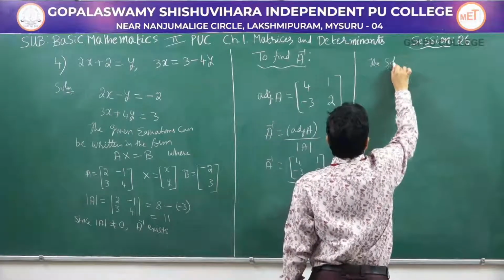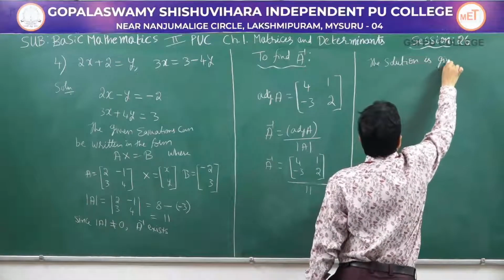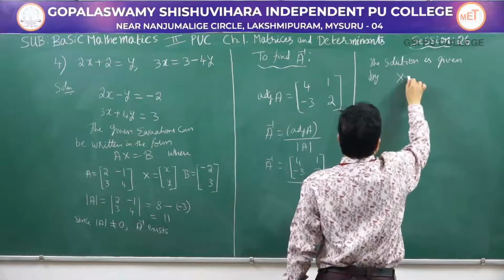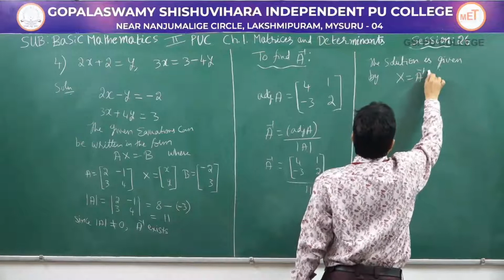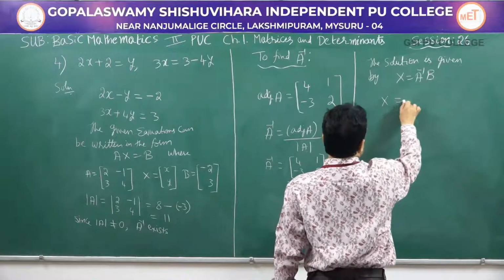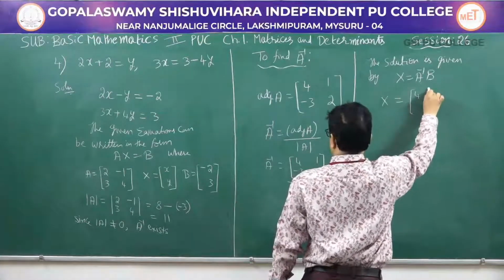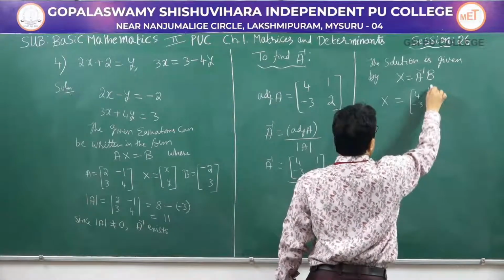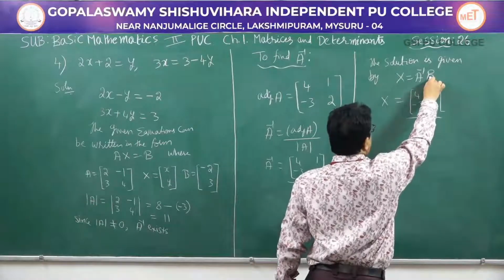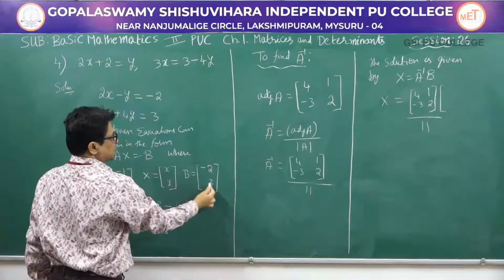The solution is given by x equals A inverse B. So x equals A inverse. A inverse is nothing but 4, 1, -3, 2 by 11 into B. So matrix B is -2, 3.